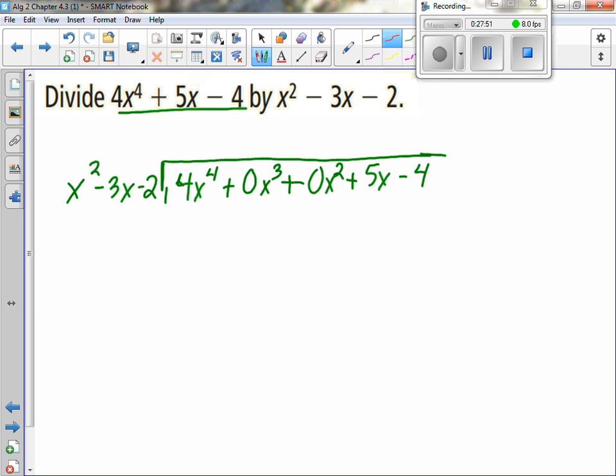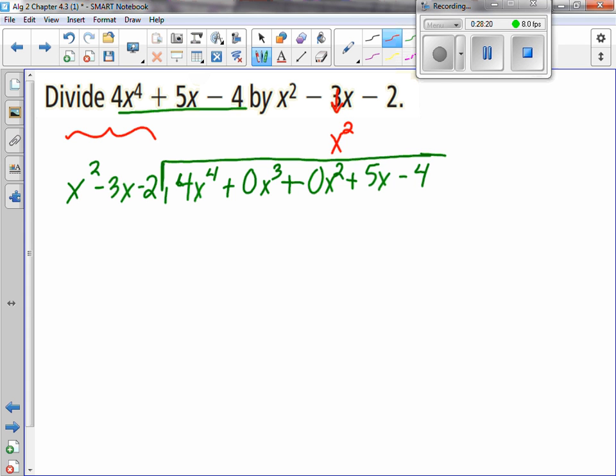So let's see if that little caveat I threw in on the last problem will help us out. How many terms do we have here that we're dividing by? 3, don't we? x squared, x, and 2. So if I go over 3, so x to the fourth, x cubed, x squared, this would be our spot, yes? So if this thing worked, it means we would be multiplying first by something times x squared, yes? So let's see if that works.